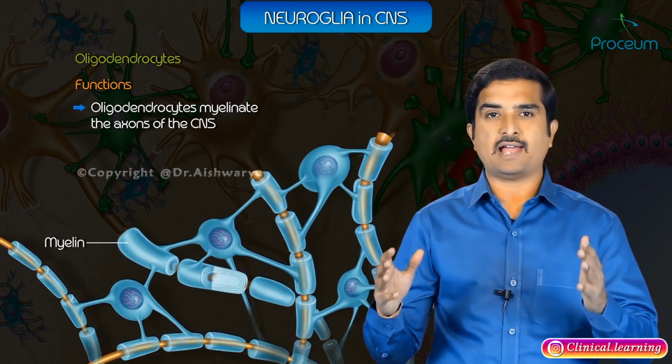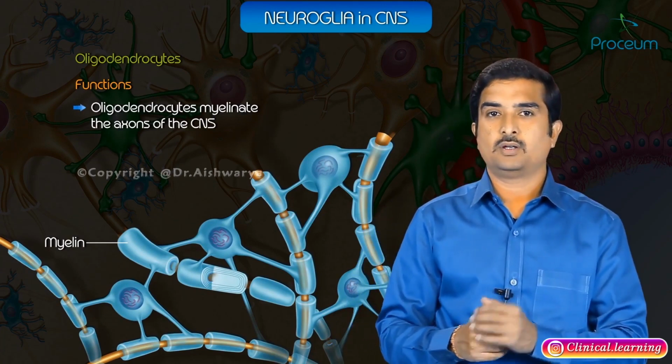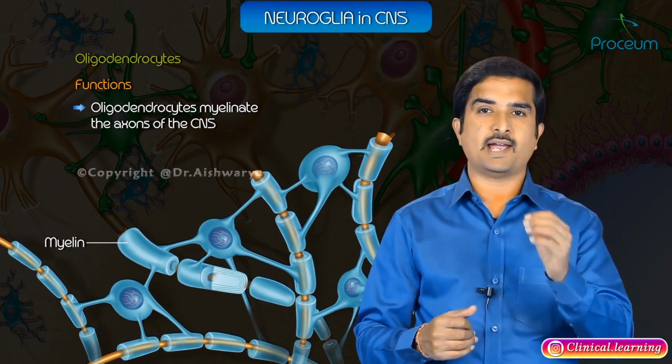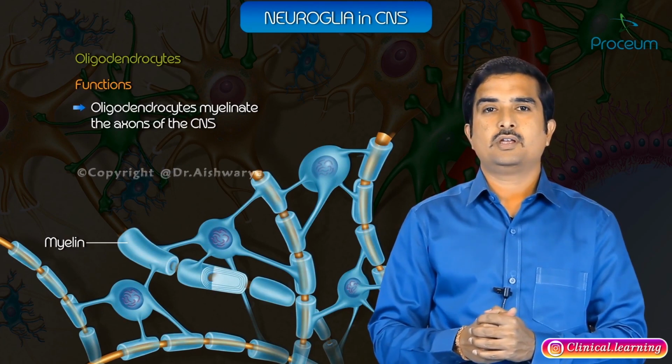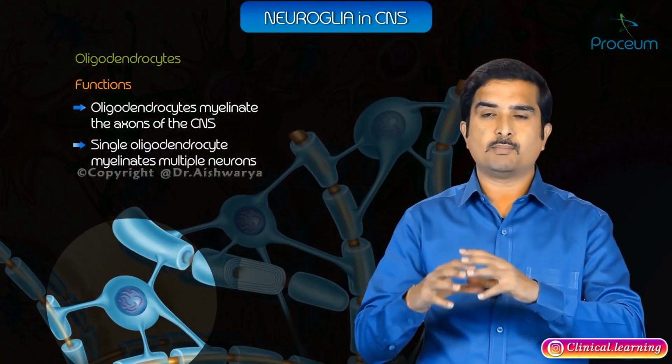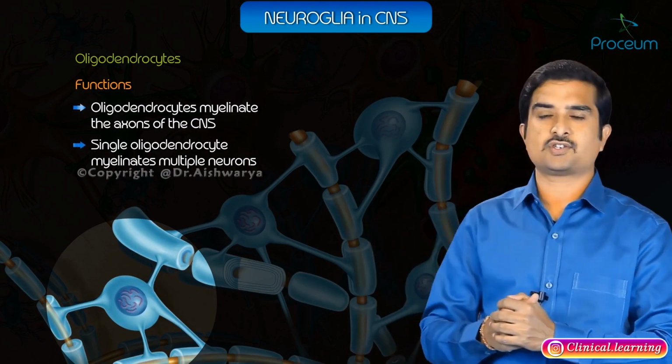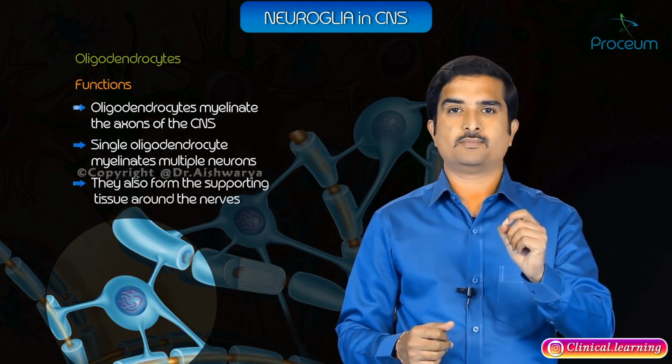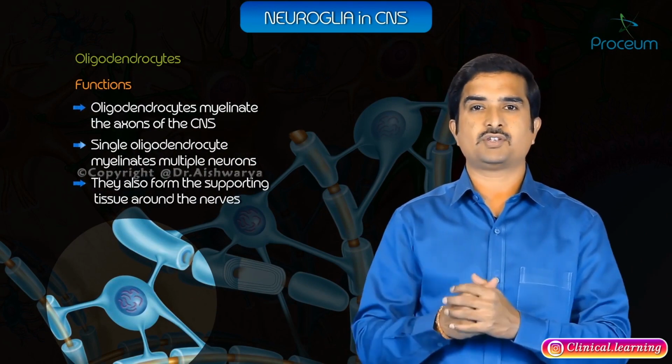And what are the functions? Oligodendrocytes form the myelin sheath around the axons of the central nervous system, whereas Schwann cells form the myelin sheath in the PNS. So a single oligodendrocyte forms myelin for multiple neurons of the central nervous system. They also form the supporting tissue around the nervous tissue.